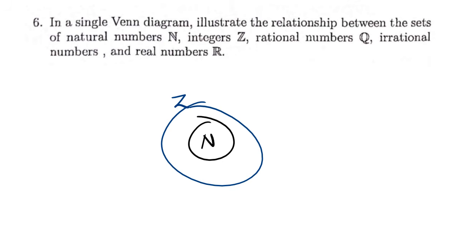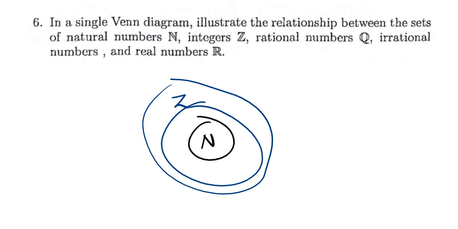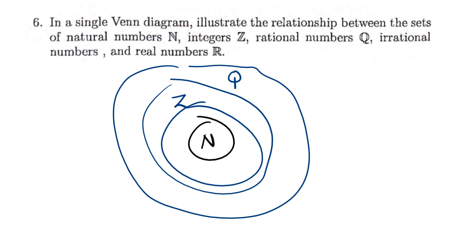Then you're going to go to the other set of numbers, which we are calling rational numbers, which I'm just going to abbreviate as Q. Then from rational numbers, I'm now going to have irrational numbers, numbers like pi and the square root of 2. So I can just put irrational numbers there.